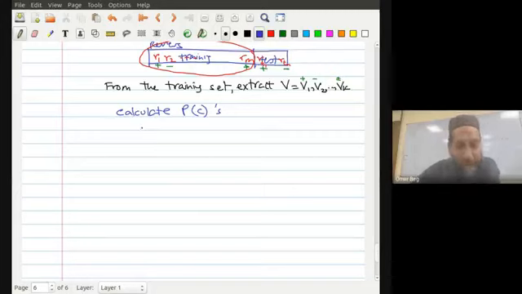Let's say we have a loop: for each class C in the set of classes, you do this.